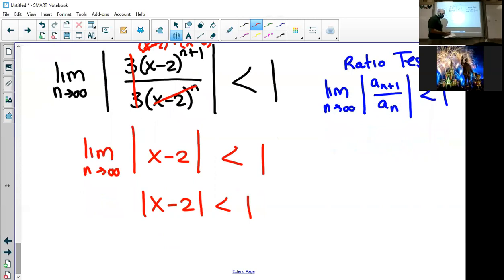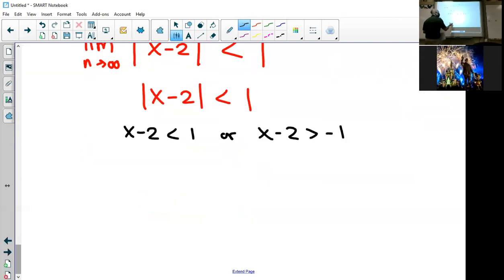Well, now we're left with an absolute value inequality. And when we solve an absolute value inequality, this is something we learn in Algebra 1, we take x minus 2 less than 1, or x minus 2 is greater than negative 1. We flip the sign and change it to a negative.